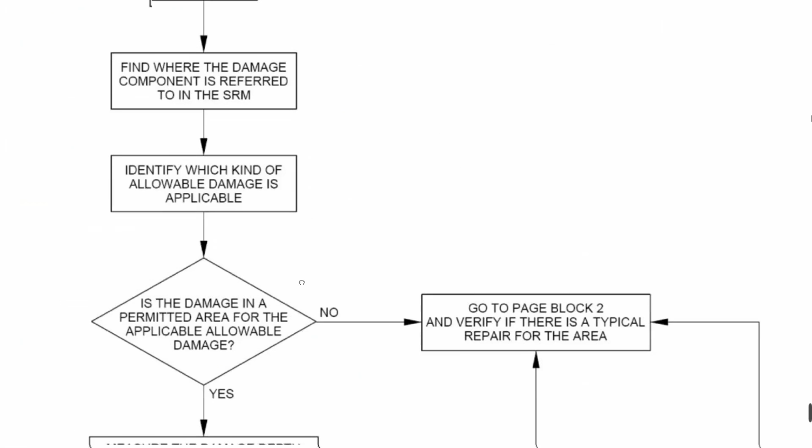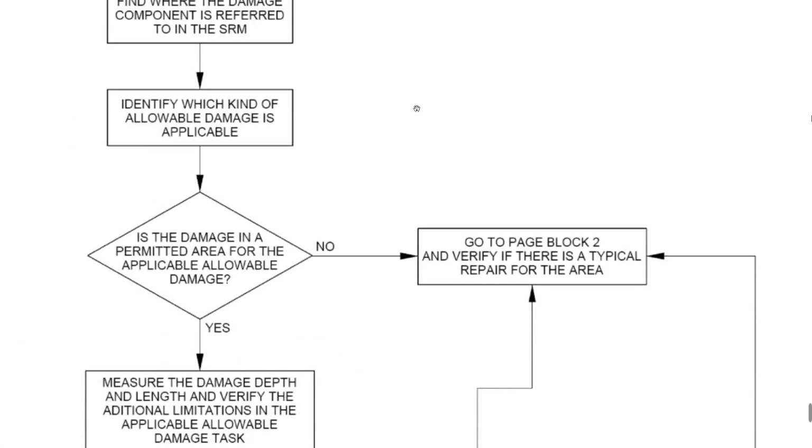We have a logic. Is the damage in the permitted area for the applicable allowable damage? This is just to put your attention on whether you have permitted damage or not. If you have some permitted damage, you will examine the damage, find the appropriate inspection, and make the assessment to look for allowable damage.